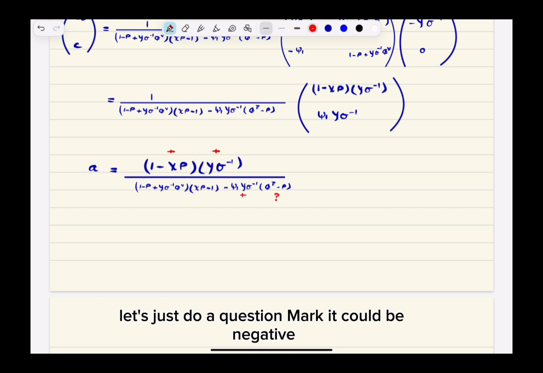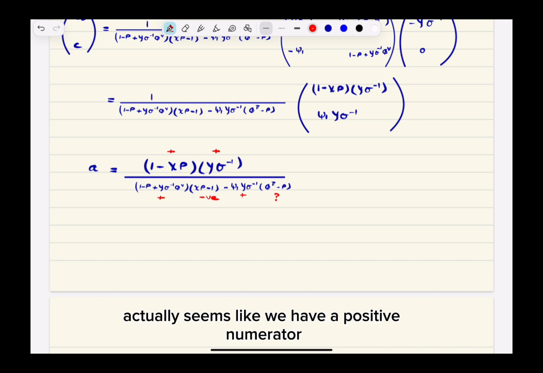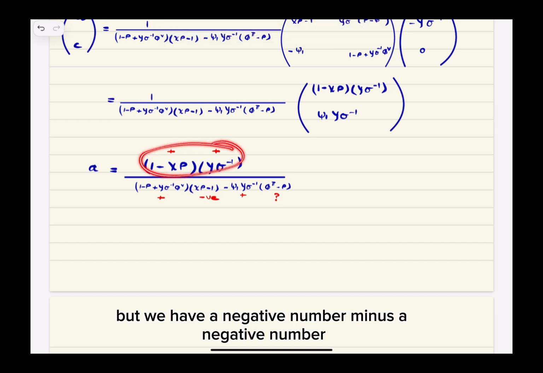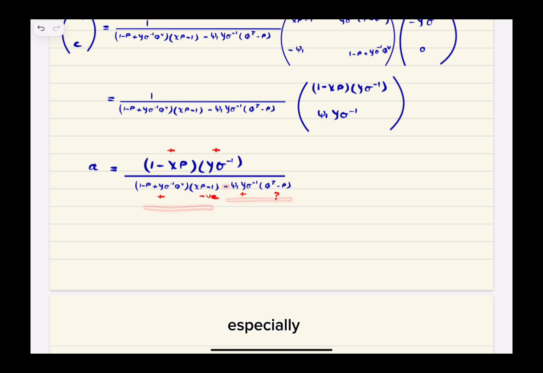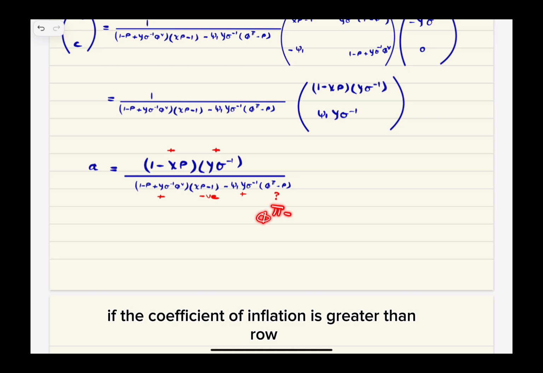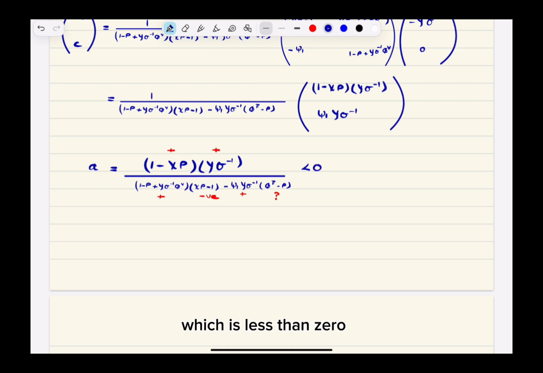Okay, let's just do a question mark. It could be negative, it could be positive. This is a positive, this is negative. Okay, so the denominator actually seems like we have a positive numerator, but we have a negative number minus a negative number, especially if the coefficient of inflation is greater than rho. Okay, so that would give us a value of A which is less than 0.